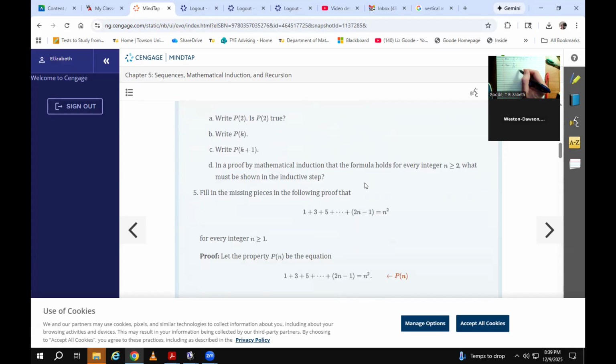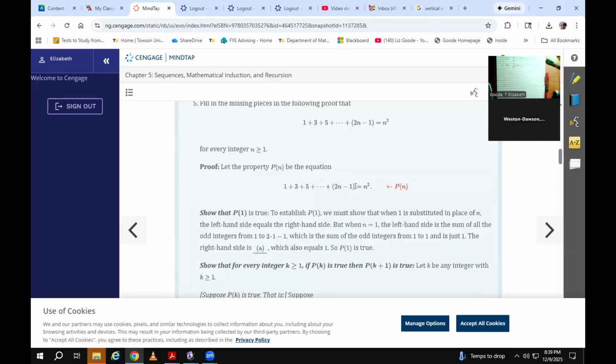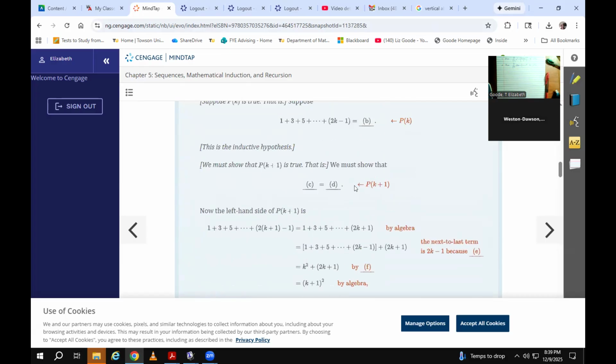But how about number 5? The sum of the first n odds. So the sum from i equals 1 to n of the quantity 2i minus 1 is equal to n squared for n greater than or equal to 1. And then let's go and look for another one.